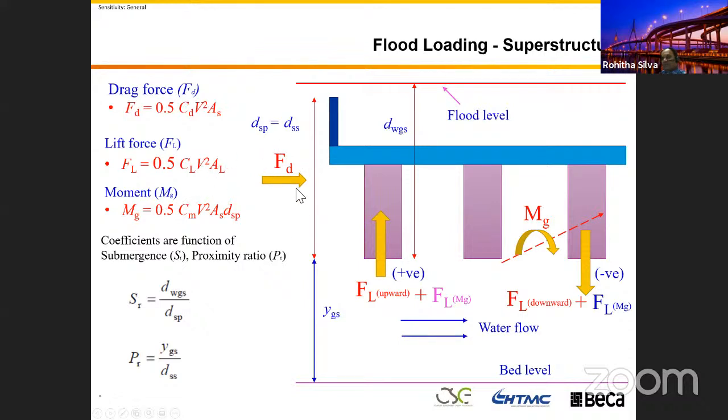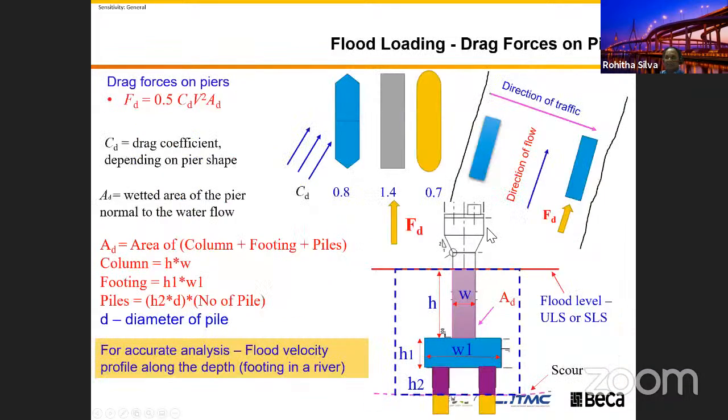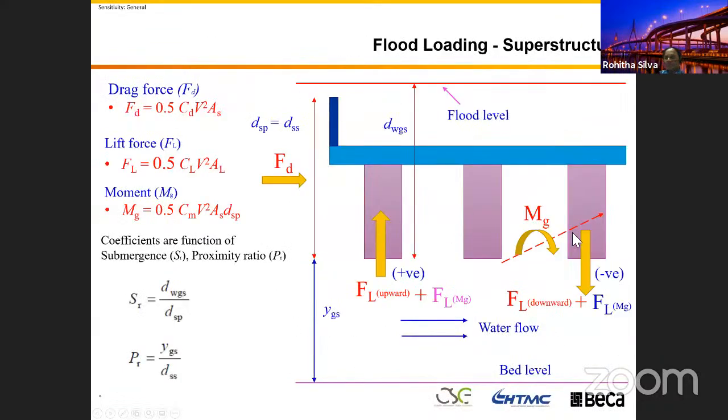Because you have a horizontal force and a vertical force, they create an unbalanced moment in the bridge. It's quite a good example here. For some bridges, even when not underwater, this unbalanced force creates a moment, and that moment adds more to the uplift and more to the downward force as well, right?